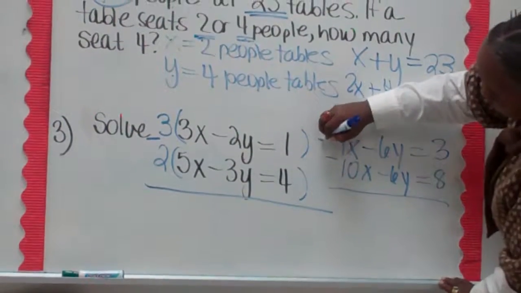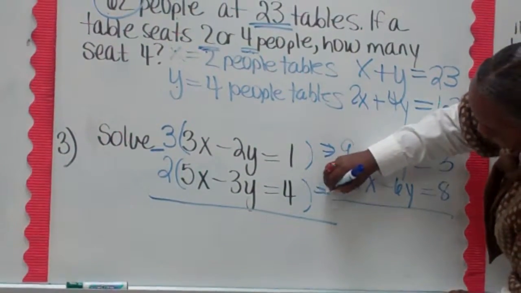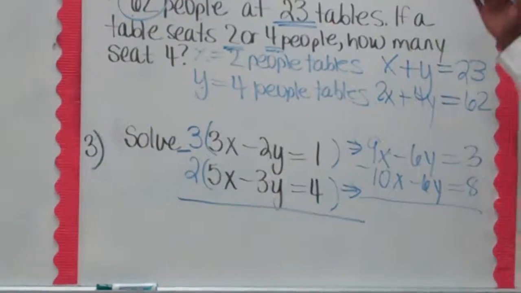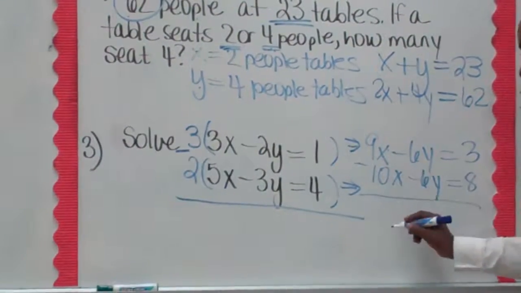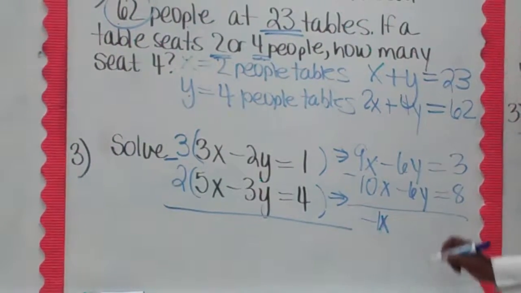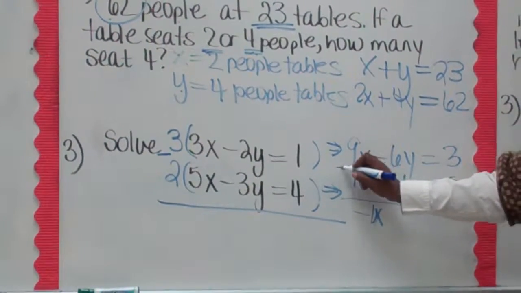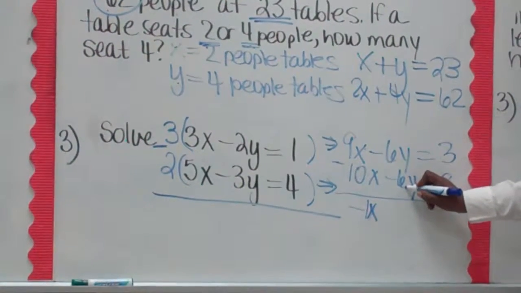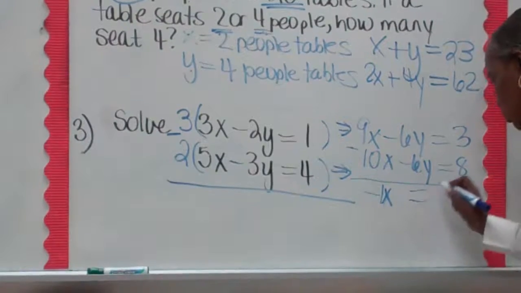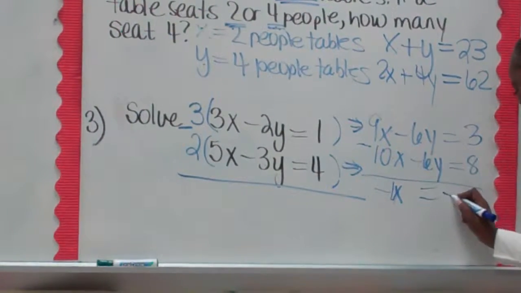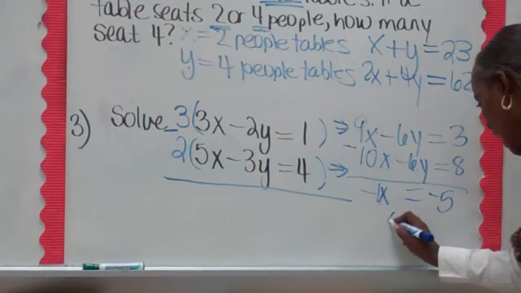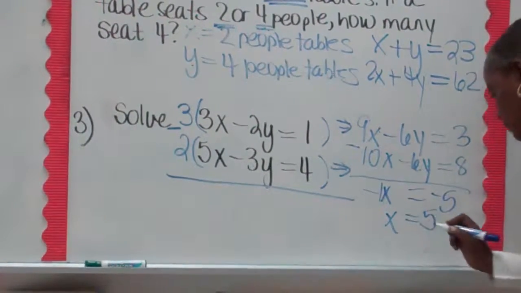Now, when I subtract the 2 equations, I'm going to say 9x minus 10x. 9x minus 10x is negative 1x. Negative 6y minus negative 6y, which is 0. And then this is equal to 3 minus 8, which is negative 5. Divide both sides by negative 1, and x is equal to positive 5.